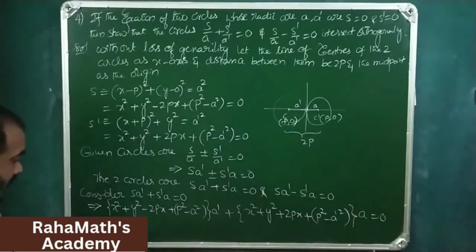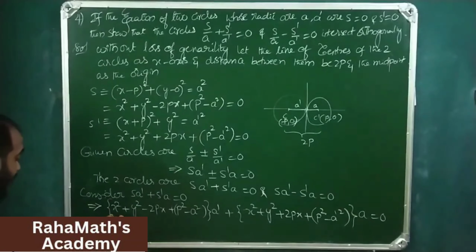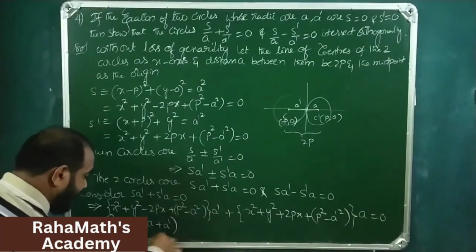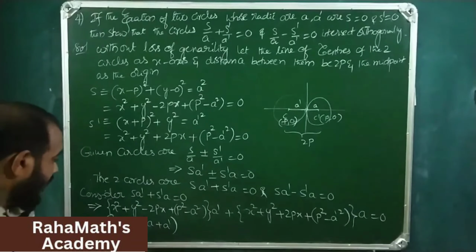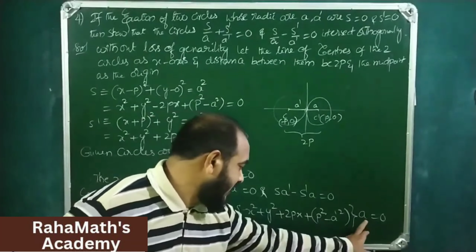Now here x square plus y square into a dash, x square plus y square into a. So if I take x square plus y square as common, then we get a plus a dash. Here minus 2px a dash plus 2px a.